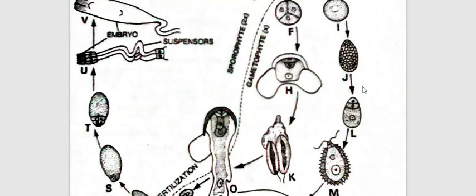When, after reduction division, haploid megaspore and microspore are produced, this is the start of the gametophyte phase, which is the haploid stage.